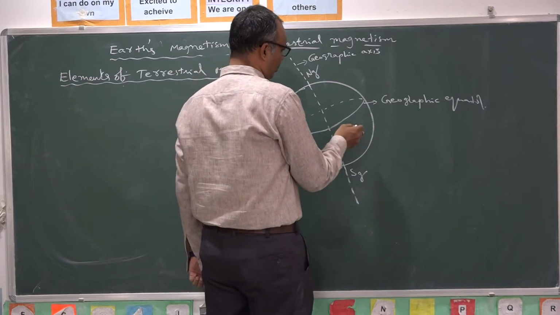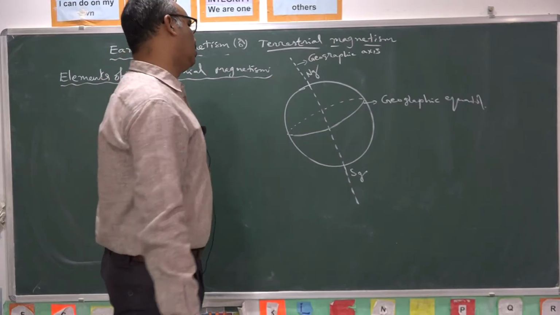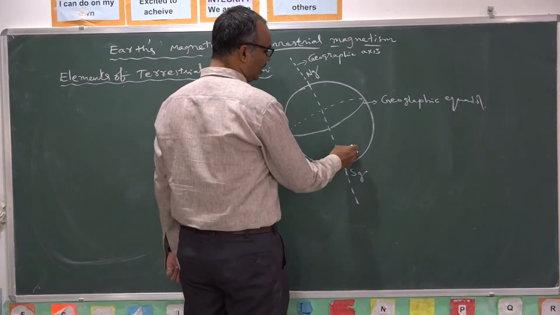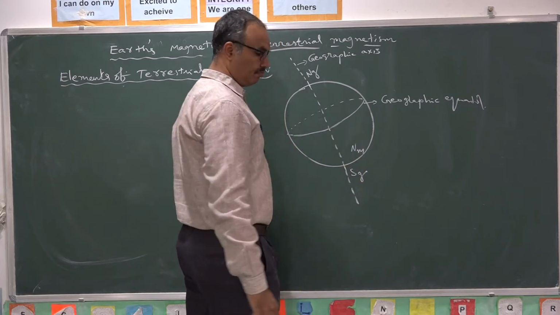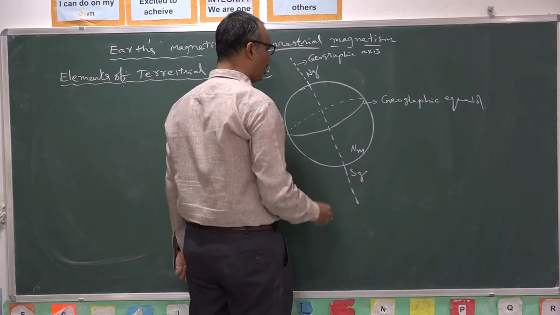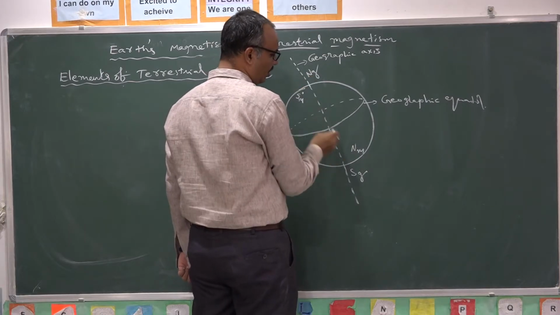If you consider Earth as a magnet, it should have a North Pole and a South Pole. So, Earth's magnetic north pole is nearer to the geographic south pole of Earth. Earth's magnetic south pole is nearer to the geographic north pole.